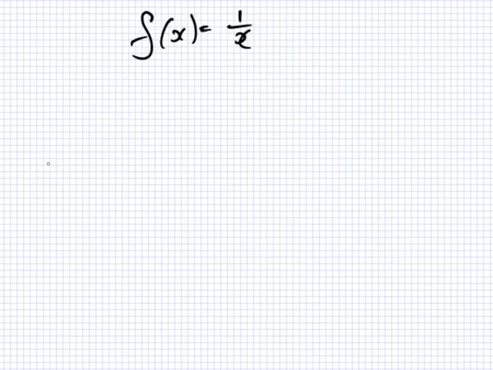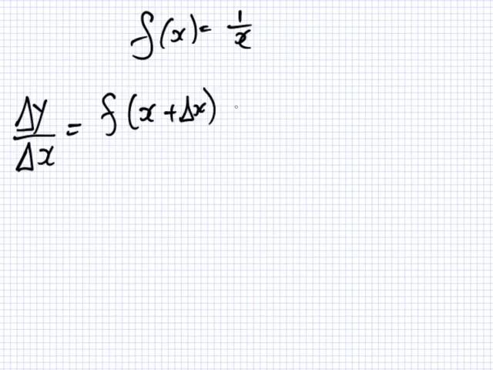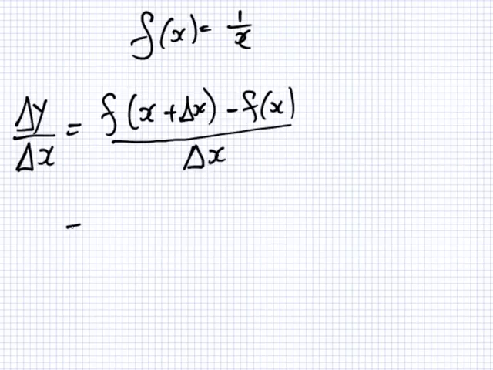Okay. So let's use our first principles formula. Delta y over delta x equals f(x plus delta x) minus f(x) all over delta x. So here, what would I get first?